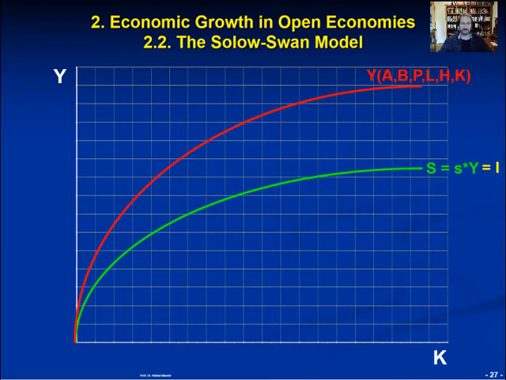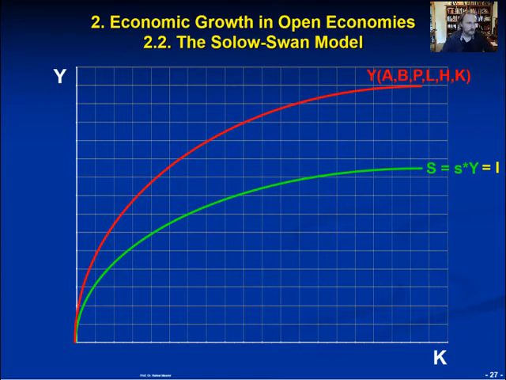So the savings curve represents in a closed economy also the gross investment curve. This green curve is the savings curve and at the same time the gross investment curve of this economy. Now to complete the Solow-Swan model, all we need is to add the depreciation curve.